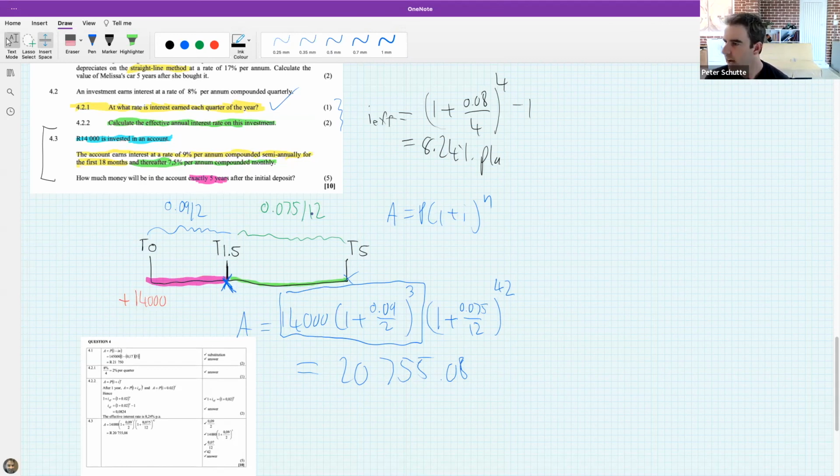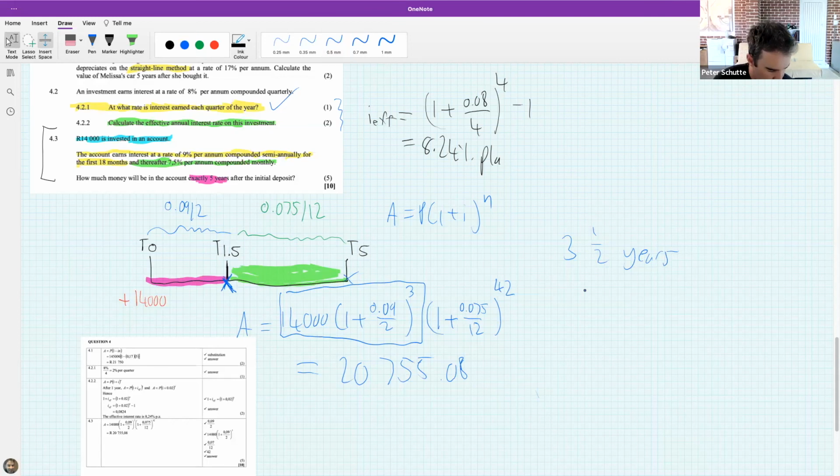Okay, Milano, how did I get to 42? Can you see the green part on my timeline? Can you see this part here? This goes from 1.5 years in to 5 years. And so that is the same as 3.5 years worth of journey. How many months are there in 3.5 years? Well, there's going to be 12, 12, 12 plus 6.